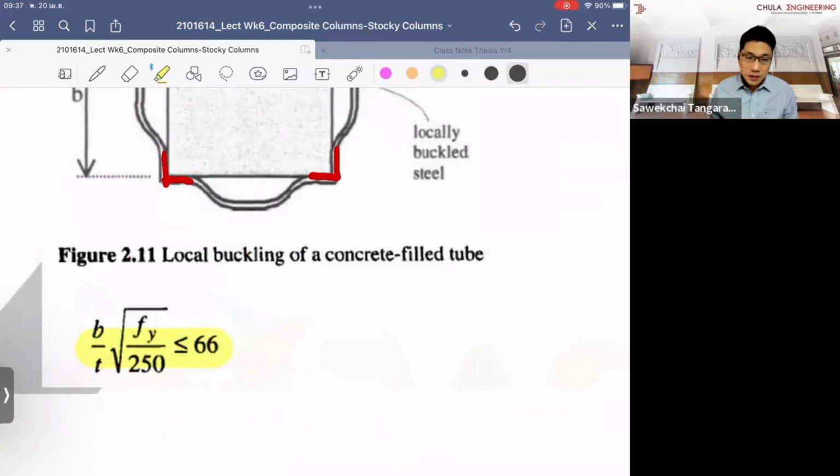So it depends on what type of steel material you're looking at, divided by 250. So the ratio here is based on the yield stress of 250. If you substitute Fy equal to 250 megapascals, you will have B over T, the limit before local buckling is formed, equal to 66, right?